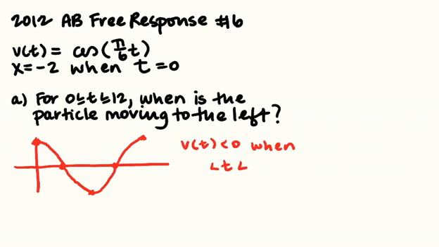Cosine is 0 at pi over 2 and 3 pi over 2. So that would be 3 pi over 6 and 9 pi over 6. But that actually makes sense, because we know about the symmetry of these graphs: 3, 6, 9, 12. Okay? So it's moving to the left because v is negative, and that happens when t is between 3 and 9.